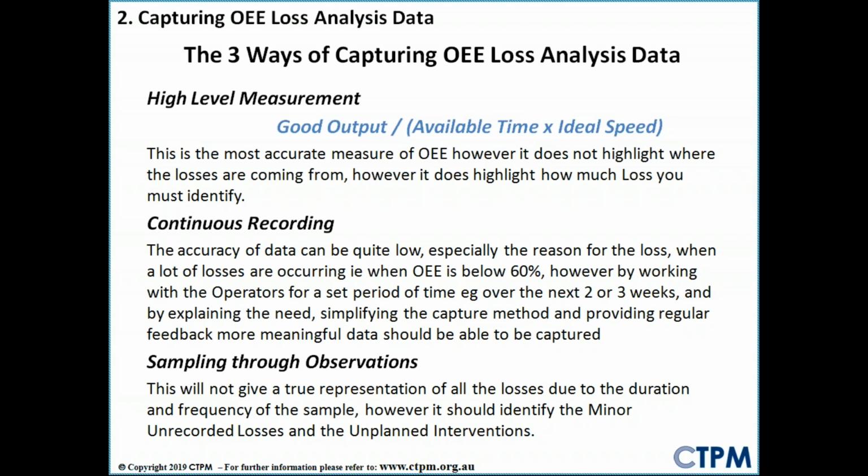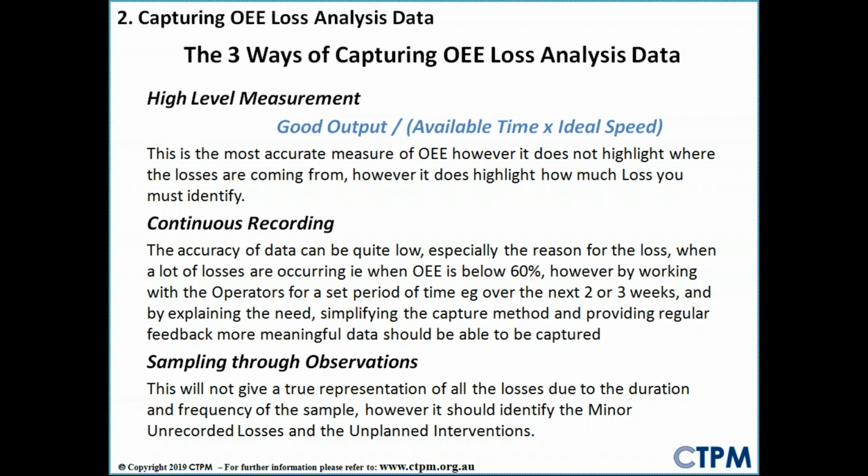What we've found is that when we're doing analysis and trying to capture data, if we go down and talk to the operators, maybe just for a short period of time, to get more accurate data, you can simplify things and improve the quality of the data for a short period of time. But you still have to be mindful that there is this accuracy issue.